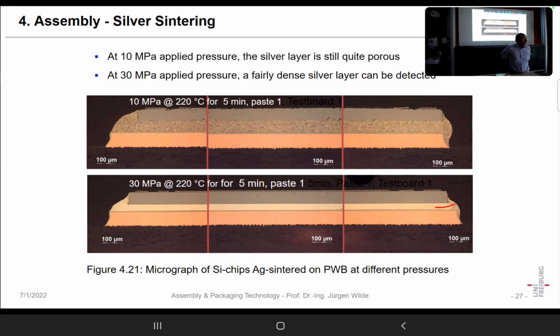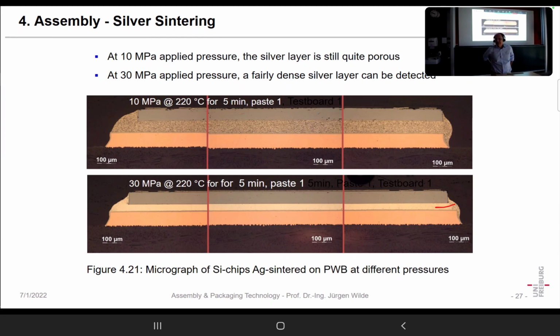Okay, so sintering, we will see a little more next time, but I would say sintering is for power electronics now the dominating process if you want to have really high power and high reliability. So that means it will tolerate very many cycles, many more than solder joints will tolerate.